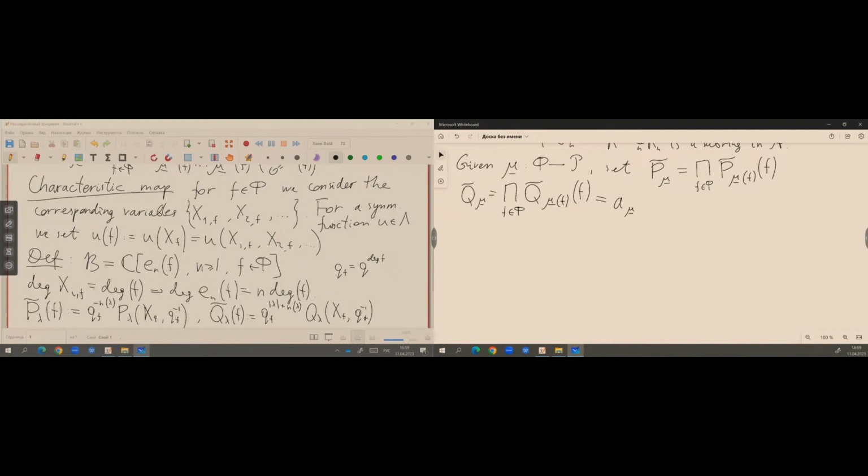There's A_mu times P tilde mu, and A_mu is the number of elements in the centralizer in GL of the class C_mu. And the degree of this multi-symmetric function P is the same as the degree for Q and is equal to the total size of mu.